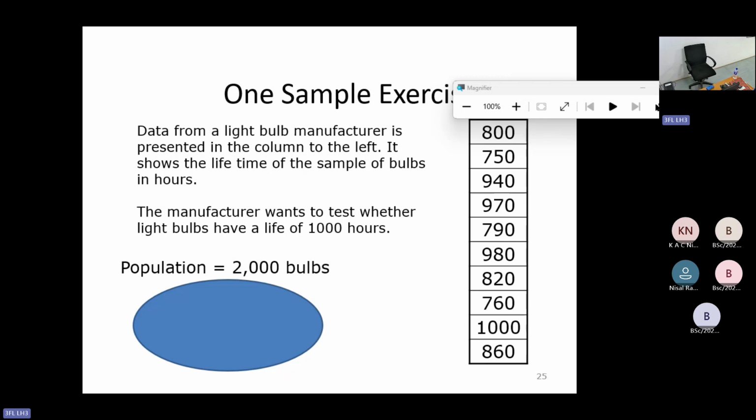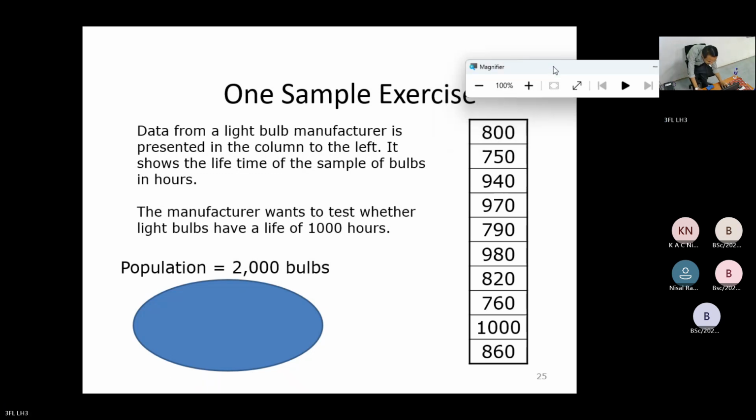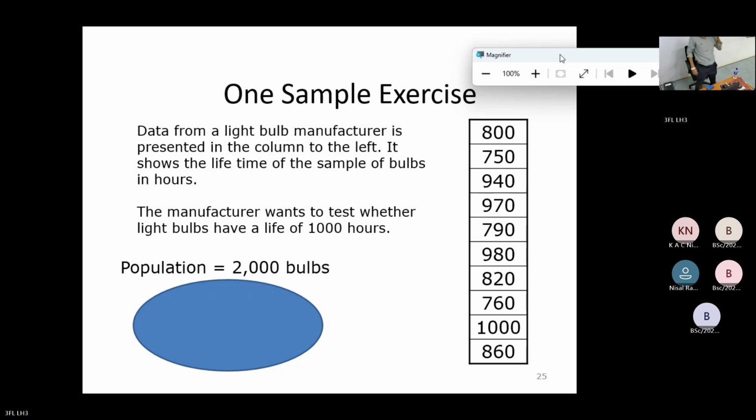So here, I'm not going to light the entire 2000 bulbs. I'm going to take 10 bulbs and light them. In this column, the lifetime is indicated for the 10 bulbs. The first bulb lasted 800 hours, the second bulb 750, and likewise for the 10 bulbs.